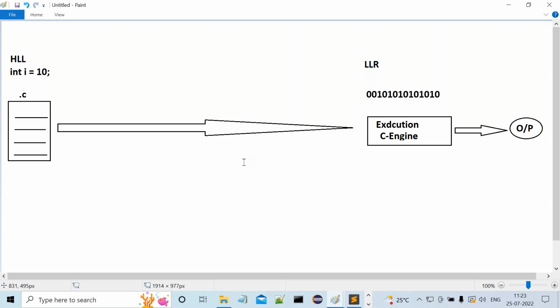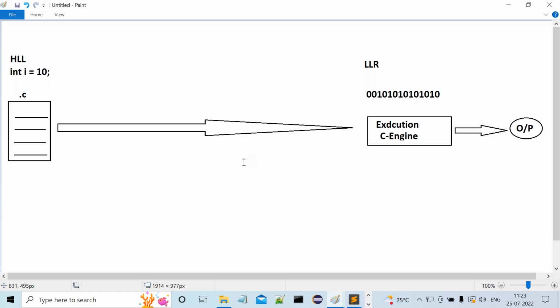But here we provided int i = 10, our understandable representation, which is not understandable to the C engine. The C engine's understandable representation is not understandable to the user. So some incompatibility problem is coming or not?